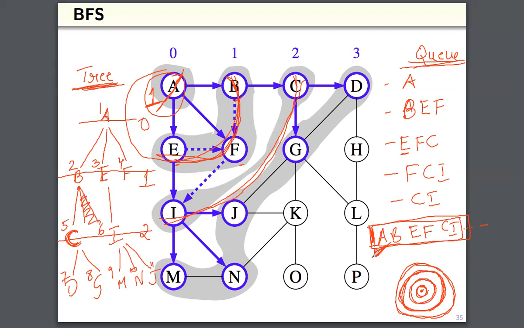Think about the internet, right? So Google, when it crawls billions and billions of web pages, it should use a graph traversal algorithm, right? And can you tell me what is the edge there?